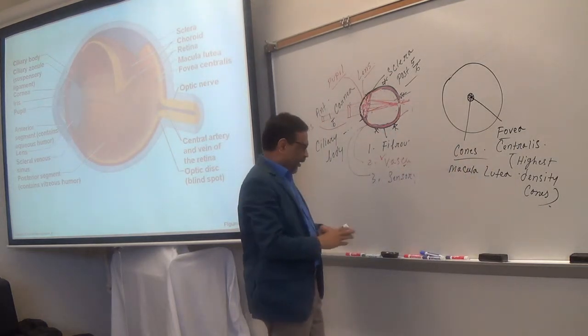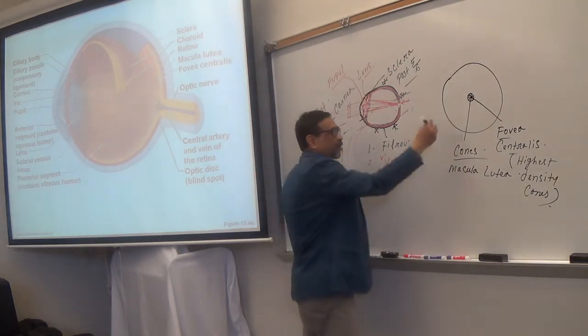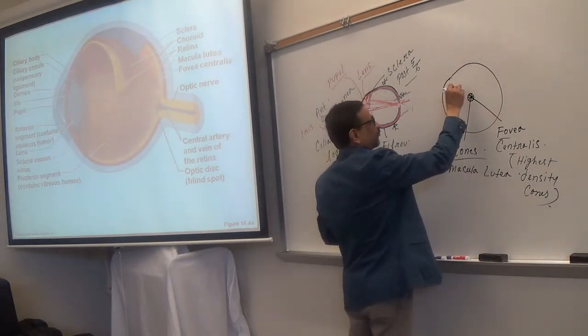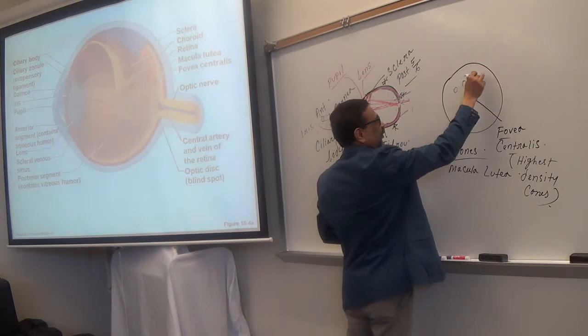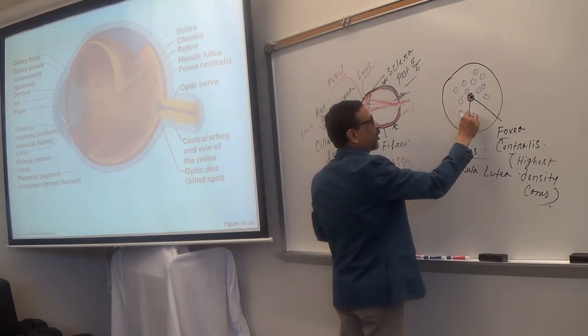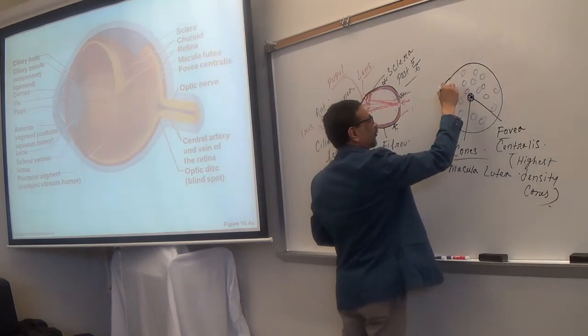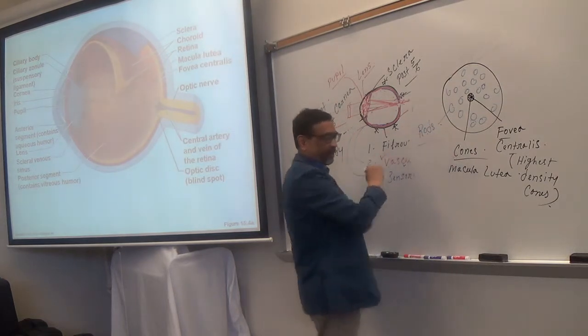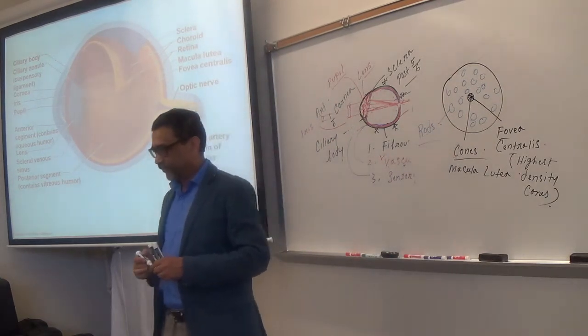And then if you see the outer part of the retina, you will see the larger photoreceptors. These are called the rods. So cones and rods are the photoreceptors.